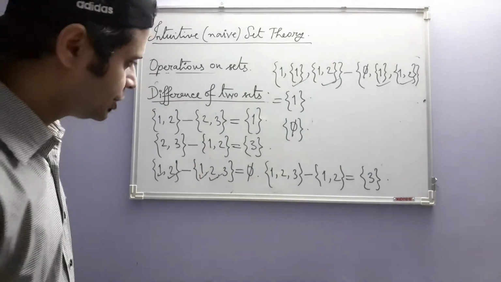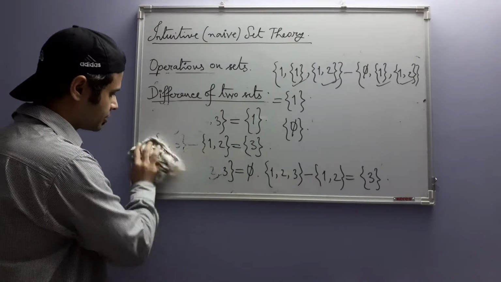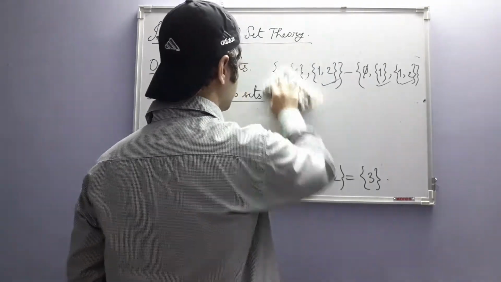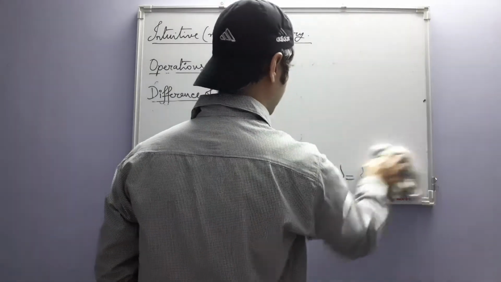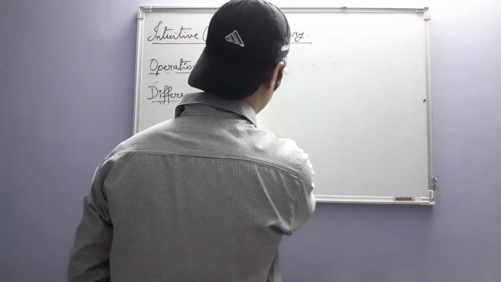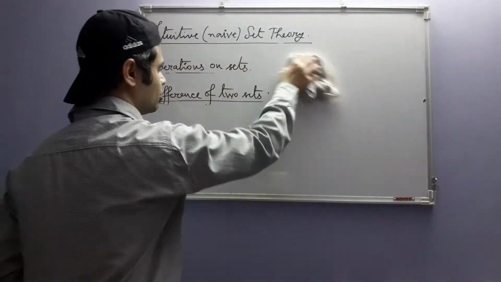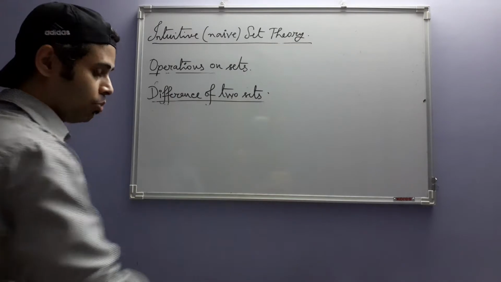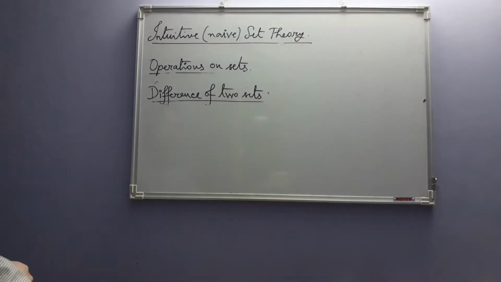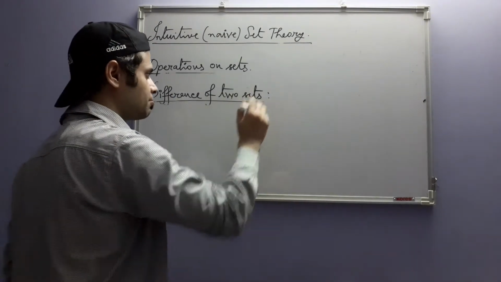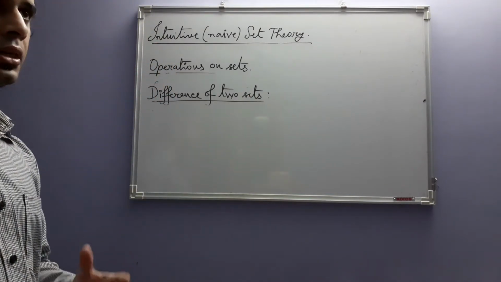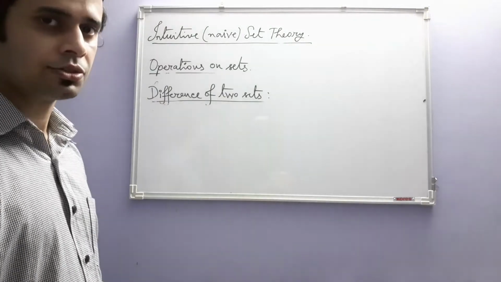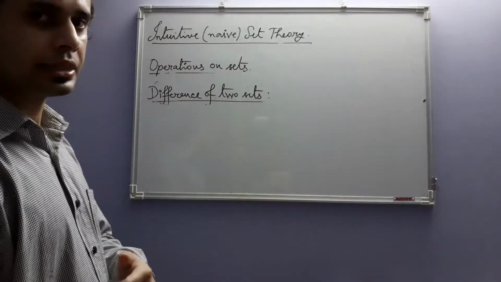Now, just like union and intersection, difference also has some properties. In fact, many properties, although one or a set of properties is more important than the rest. But before going to the properties, just like intersection had a special case where we had disjoint sets, difference also has a special case.